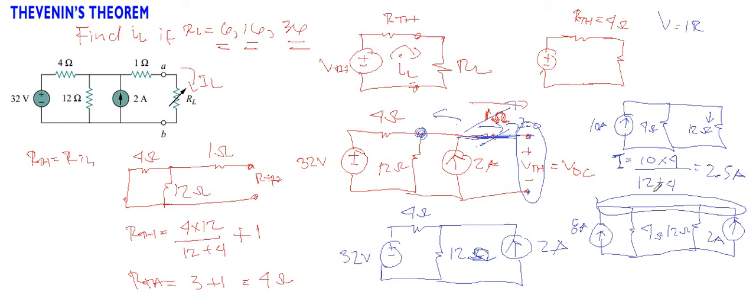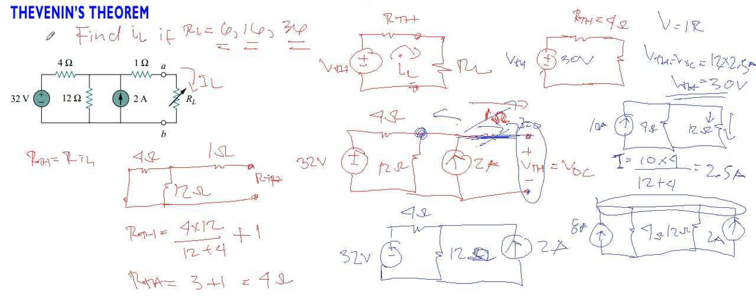If 2.5 ampere is flowing in this branch, our VTH or VOC is simply 12 times 2.5 ampere, which is 30 volts. Our VTH is 30 volts.